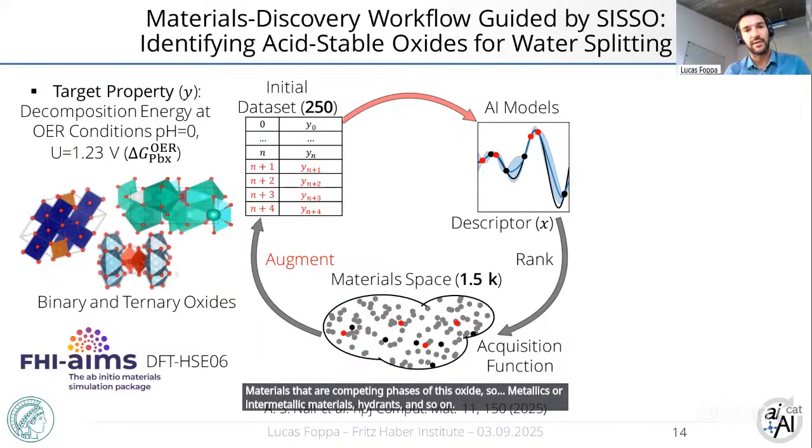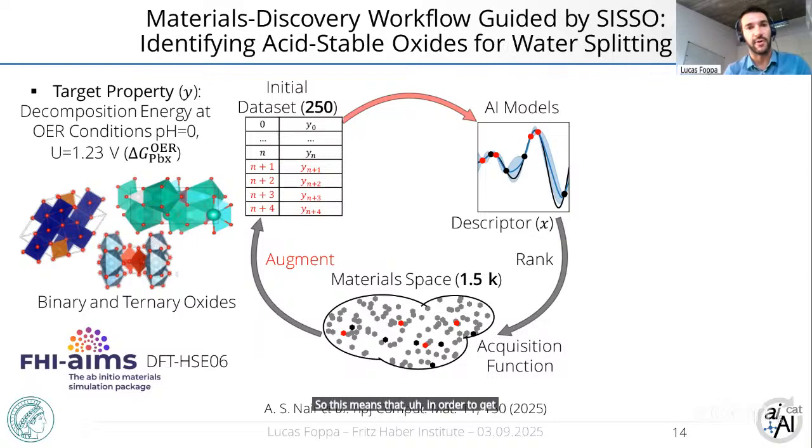This means that in order to get the property value for one material, we actually need to calculate many more, maybe even 20 or 30 materials. So this is why we need to intelligently select with AI which are the oxides that are the most promising.